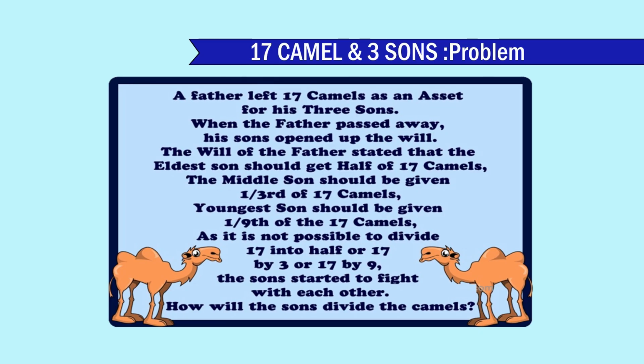When the father passed away, the will stated that the eldest son should get half of the 17 camels, the middle son should be given 1/3 of the 17 camels, and the youngest son should be given 1/9 of the 17 camels. As it is not possible to divide 17 by 2, or 17 by 3 or 17 by 9, the sons started fighting with each other. So how will the sons divide the camels?